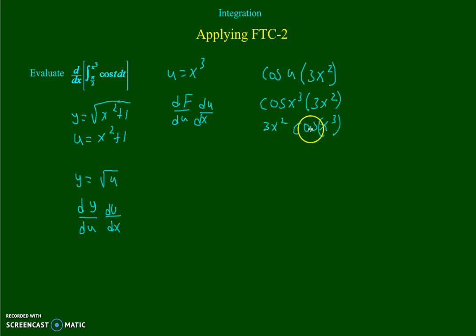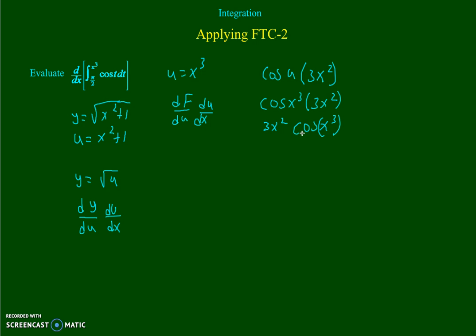So to recap this, all we did was take the standard second fundamental theorem and substitute our upper limit, which in this case was our u, and then take the derivative of our upper limit. And that becomes our final result for the second fundamental theorem.